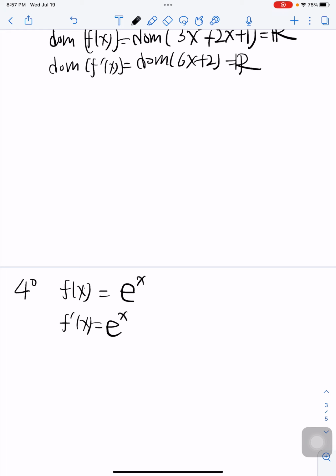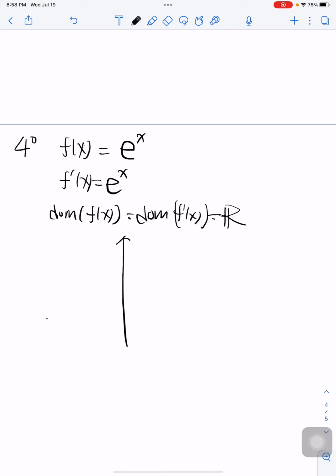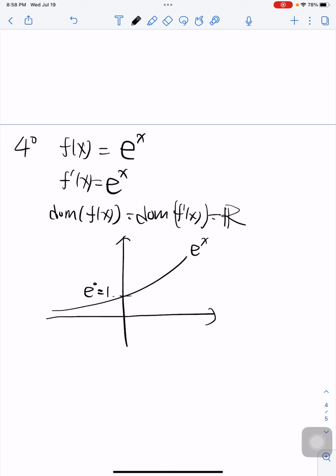So they have exactly the same domain, which is the real set. Also, its graph looks like this, where e to the power 0 equals 1.